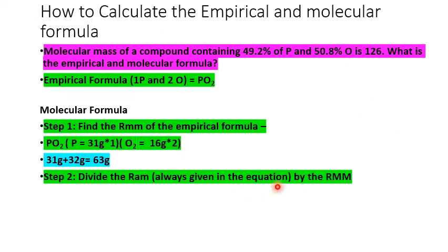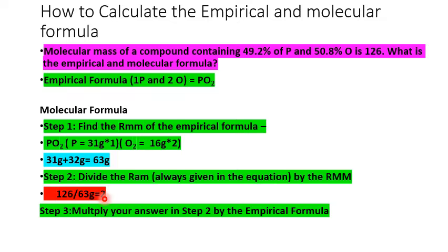So we're going to take that number and divide it by the RMM. So our RAM is 126. So I'm going to put 126 here, divided by the 63 here for my RMM, and that's going to give me 2.